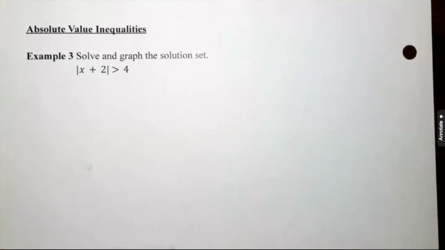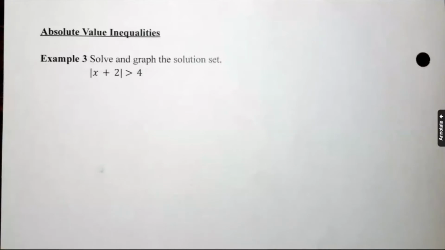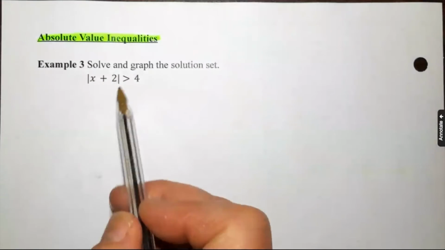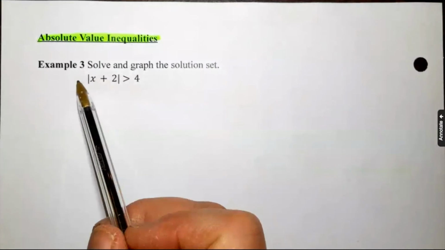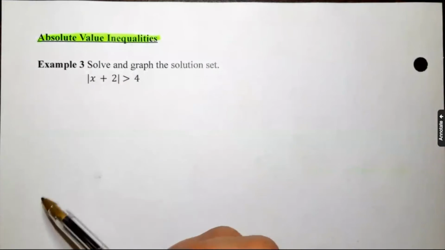Here we have absolute value inequalities. How many answers do absolute value always have? 2. An absolute value needs to be set up. Again, we need to make sure that the absolute value is isolated. There's nothing being multiplied out front. There's nothing being added or subtracted.